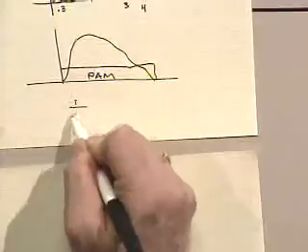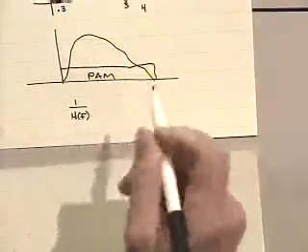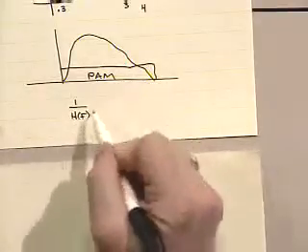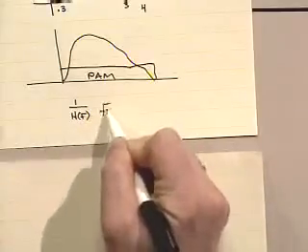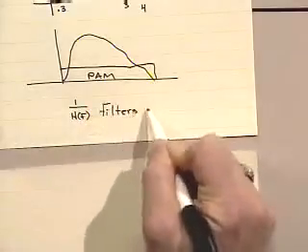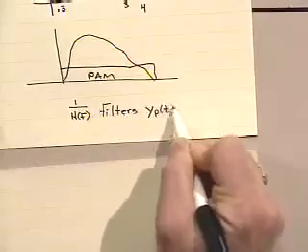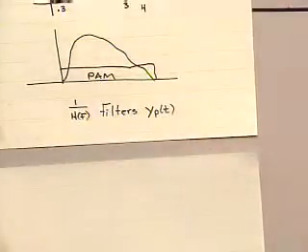So the basic idea suggested here is essentially we have a filter, 1 over H of F, that filters the signal I was calling yp of t at the output of the channel earlier.